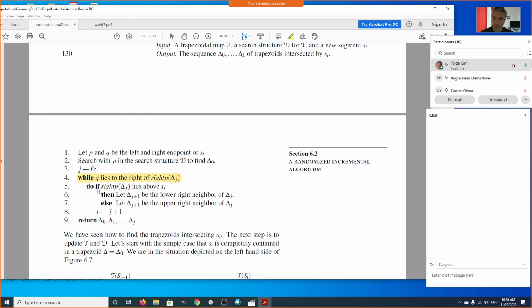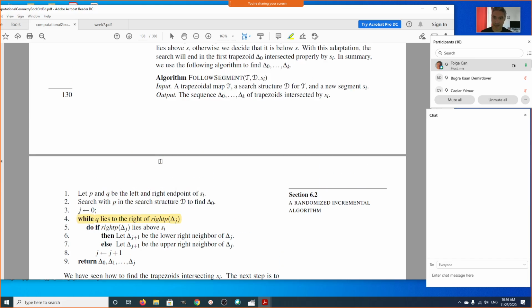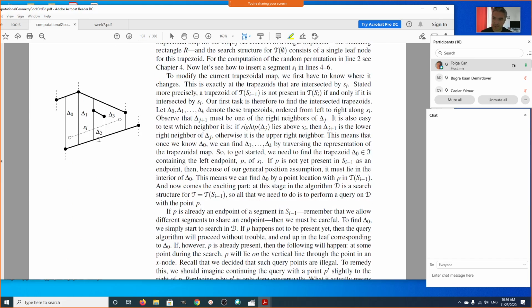And we are not going to use only this x-coordinate. For this right point, we are going to check whether it's above or below Si. Just as in this example, the right point of delta 1 is this, and we are going to compare it against Si because based on that, we are going to follow this segment or this segment.